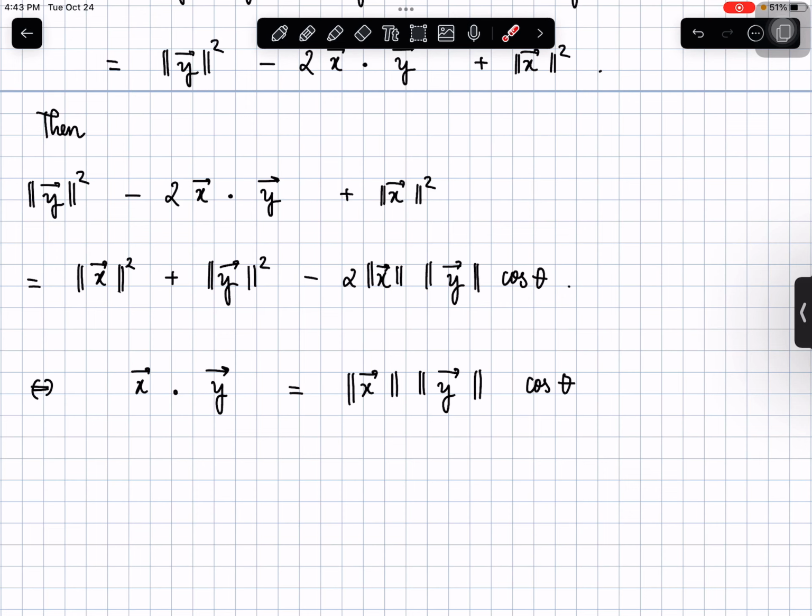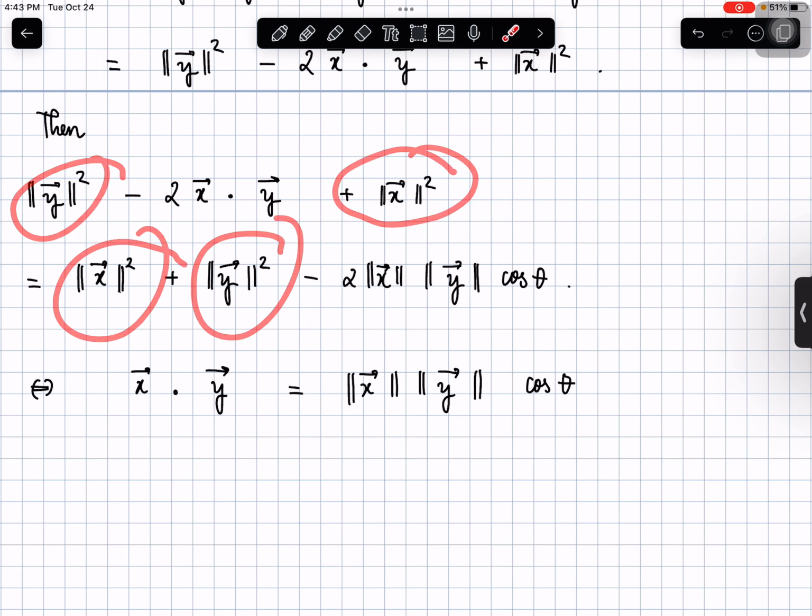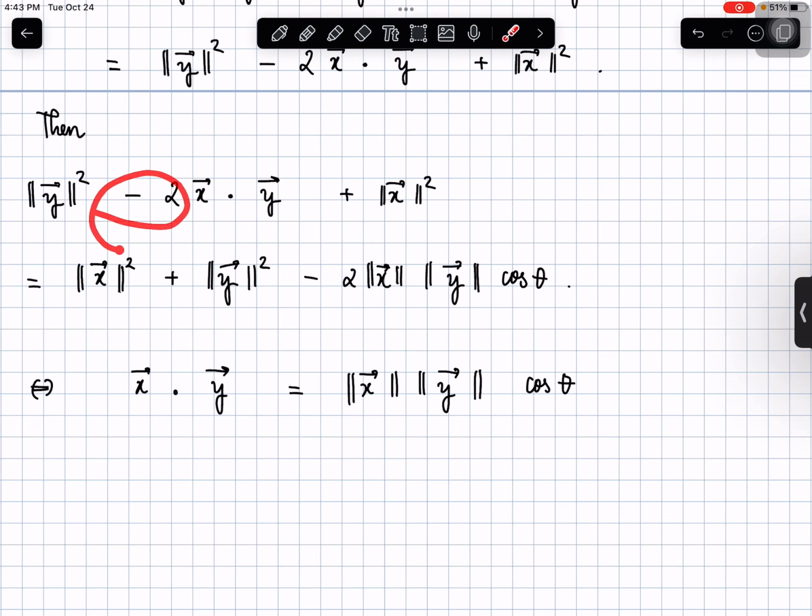We can throw the minus 2 away. We can divide both sides by minus 2 after we subtract both sides by these terms. Therefore, we have this formula.